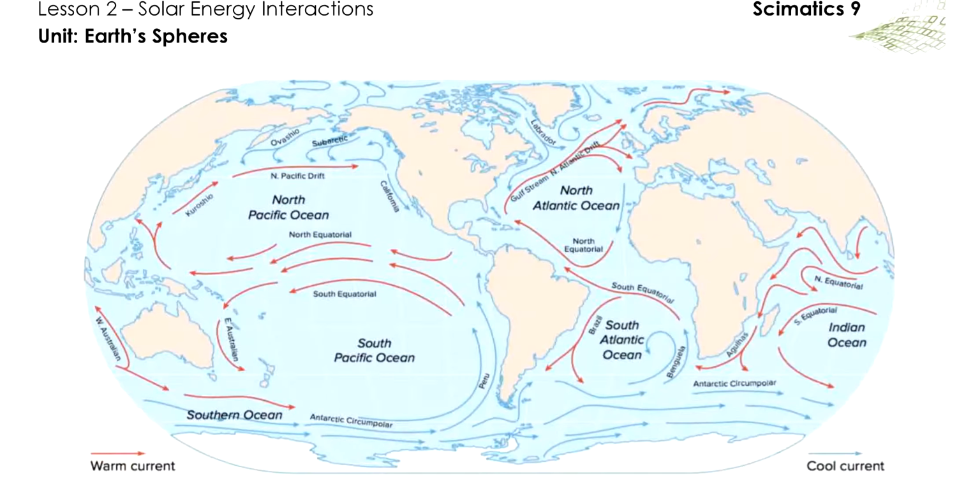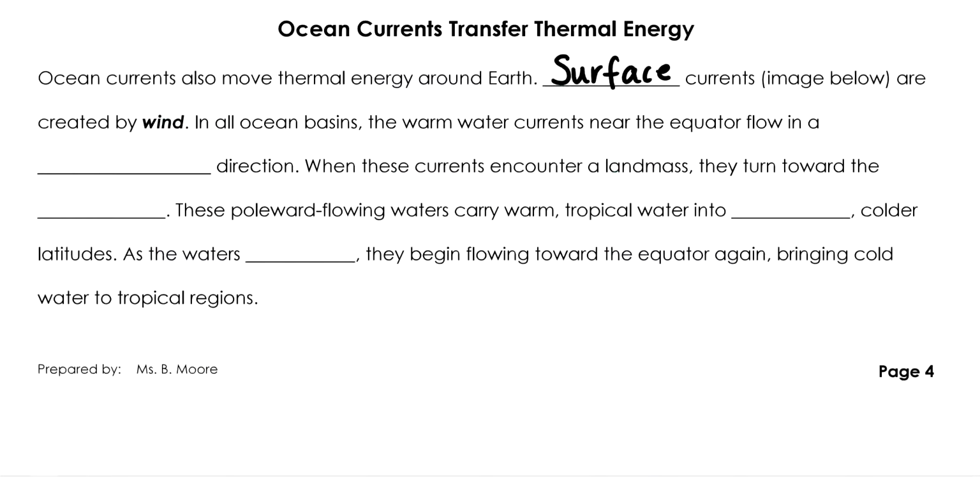Some of the most important surface ocean currents are represented here, and some of them are so important in terms of defining the subclimate of different regions that we've even named them as we monitor them. In all ocean basins, the warm water currents near the equator flow in a westerly direction. When these currents encounter a land mass, they turn toward the poles.